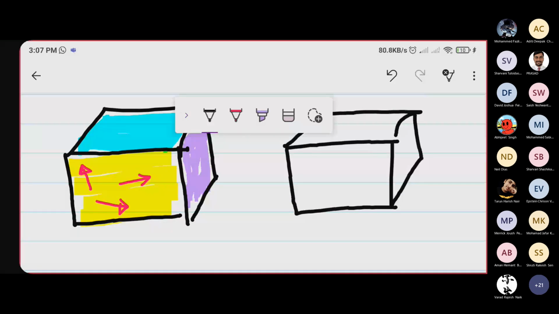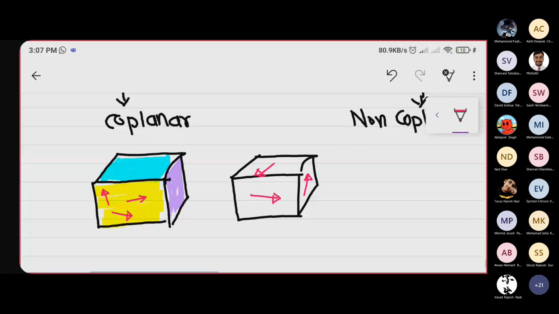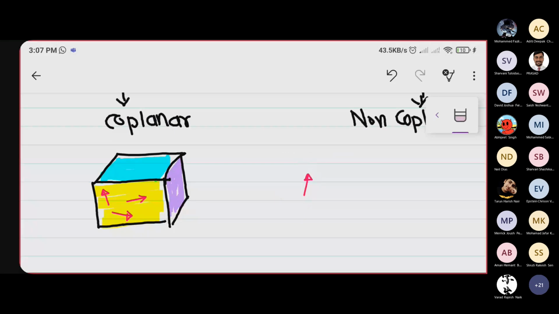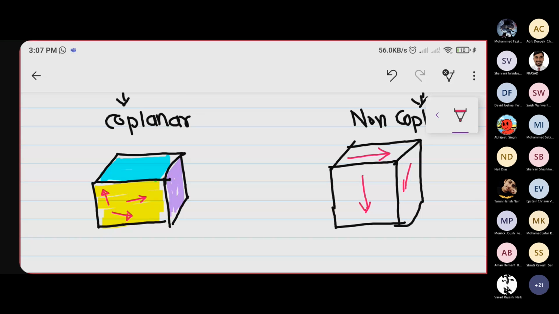Forces will be one force in this plane, another force in this plane, or another force in this plane. So from here, what we understand is that coplanar means in one plane, and non-coplanar means forces are present in different planes. Why we need to learn this is to understand the force system acting on these bodies.